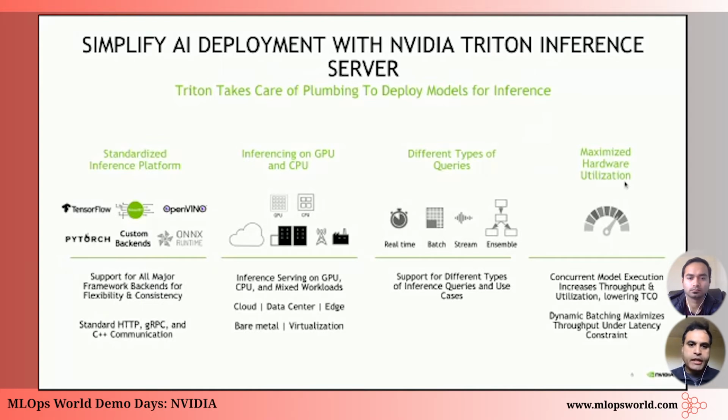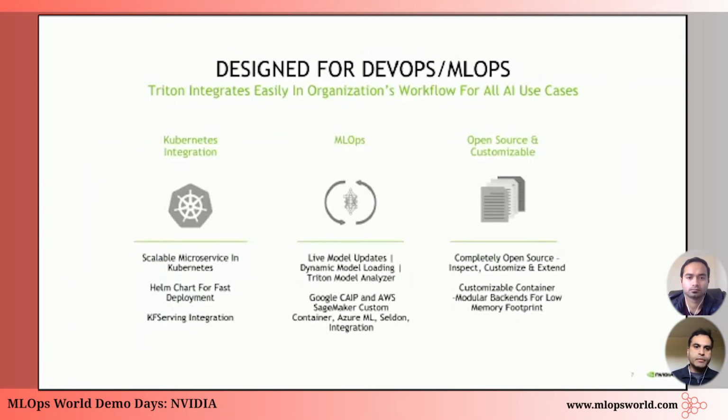So the other set of features, I think very relevant to the audience here, is how does Triton work with the other ecosystem of tools that are being used for AI and application deployment? First is Kubernetes, which is what we see most organizations use for deploying their applications. And Triton has a very deep integration into the Kubernetes ecosystem itself.